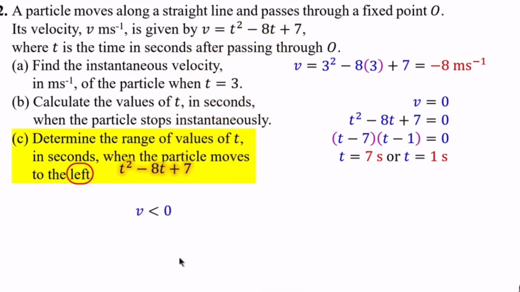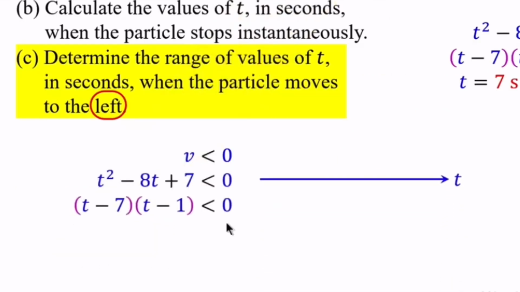So let's factorize, and after factorizing, for the quadratic function we need to sketch a U shape, and less than 0 is the middle part of the quadratic function. So we actually want to focus on the time. The range of time is continuous, right? So the time is from 1 to 7, between 1 to 7 seconds, right? So that is how we read the range of the time.